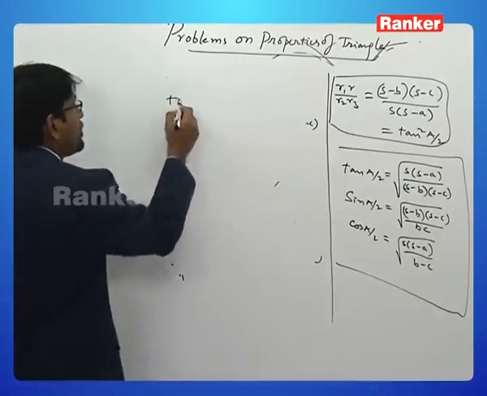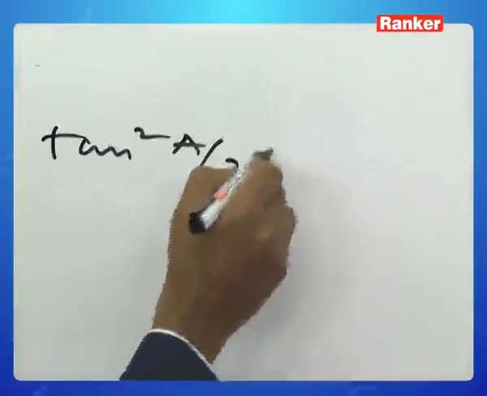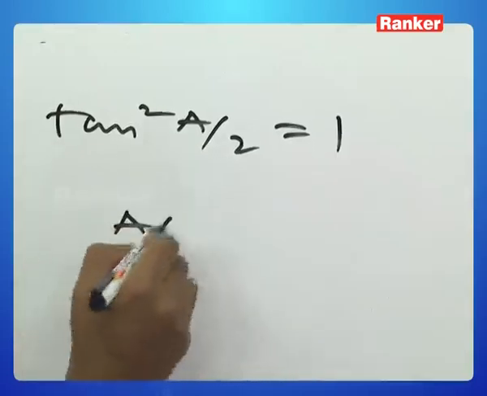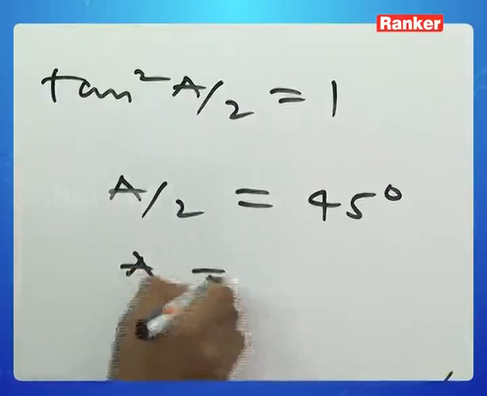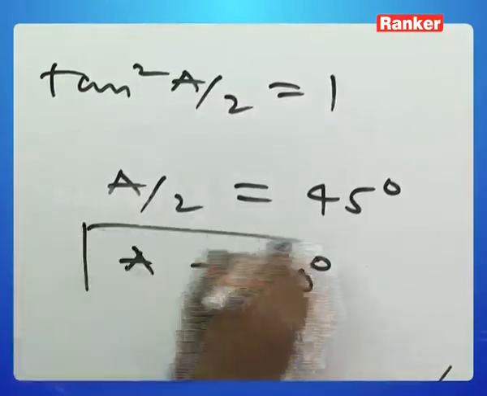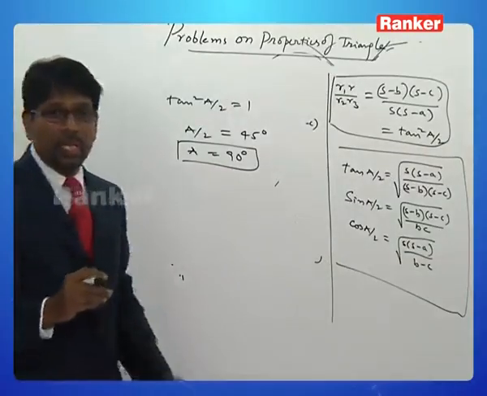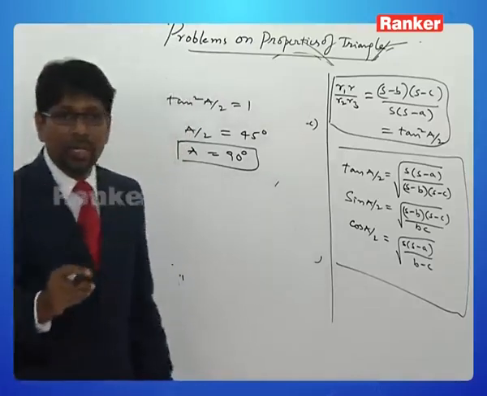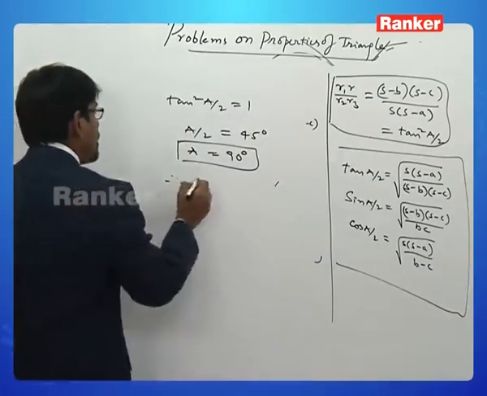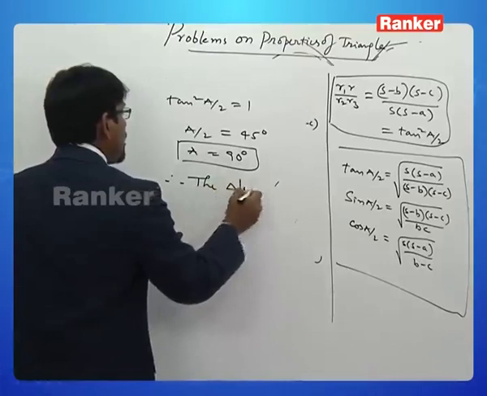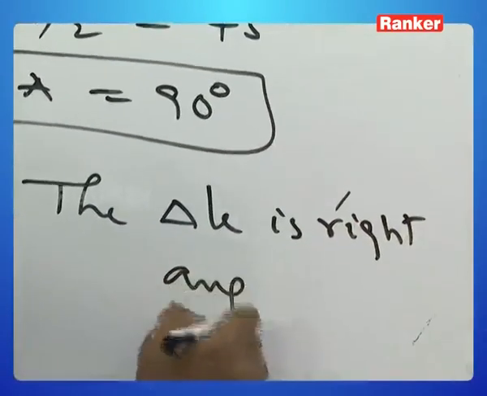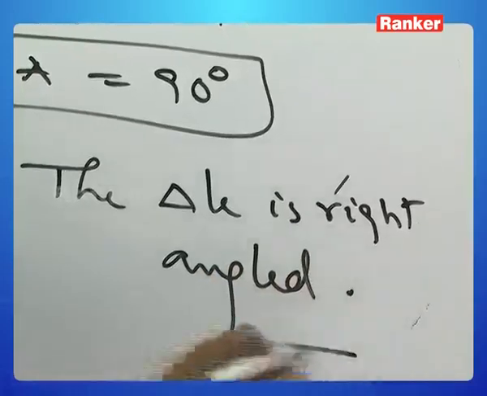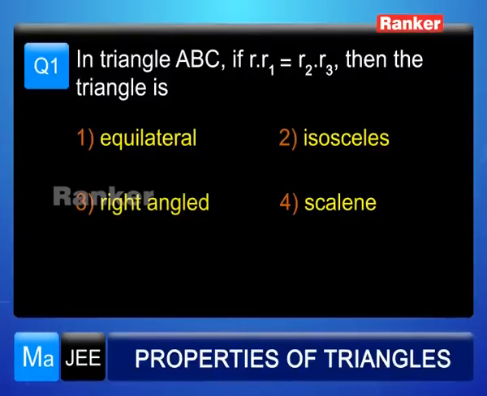Hence, A by 2 must be 45 degrees, so A must be 90 degrees. Therefore, the triangle is clearly a right angled triangle. Option 3 is the right answer.